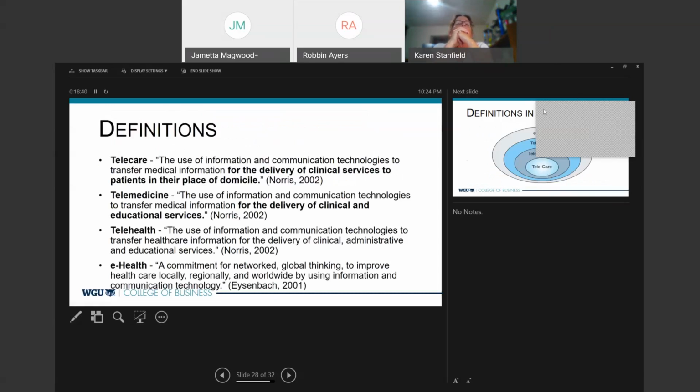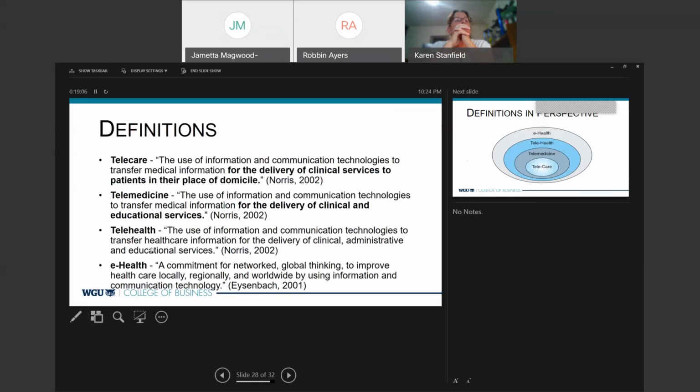Okay. What we want to make sure we understand is that each of these builds on one another. They possess many of the same components because they are all encompassed into e-health, right? So, for example, telemedicine is inclusive of telecare.